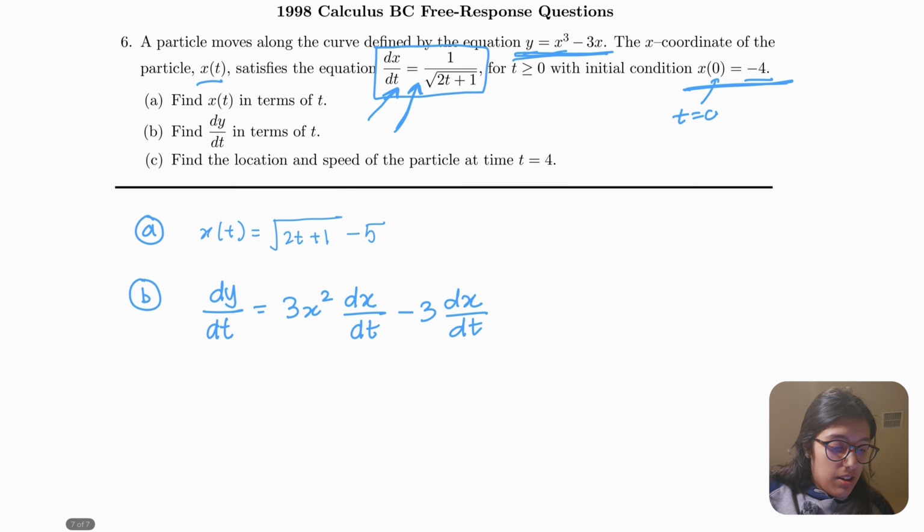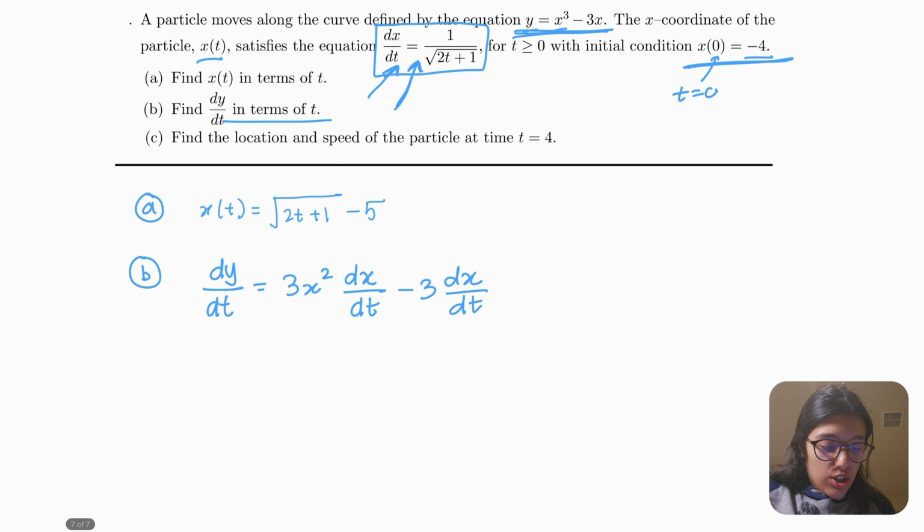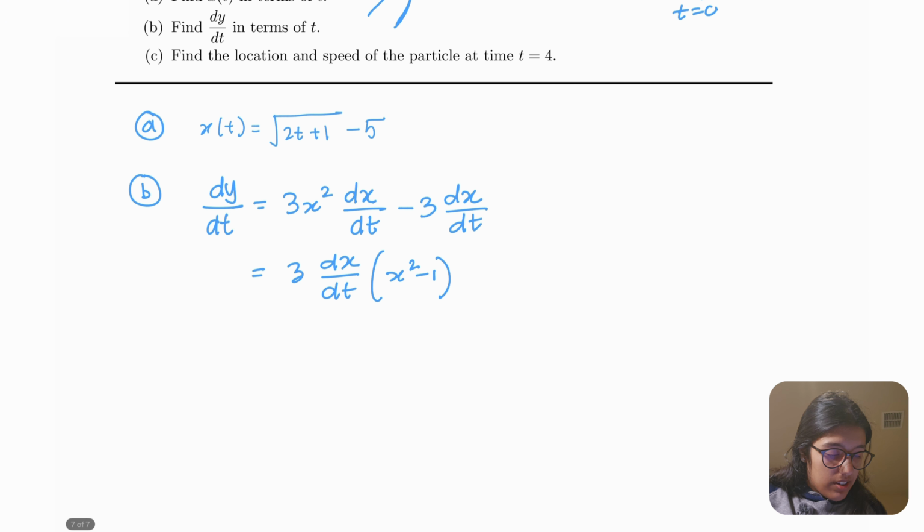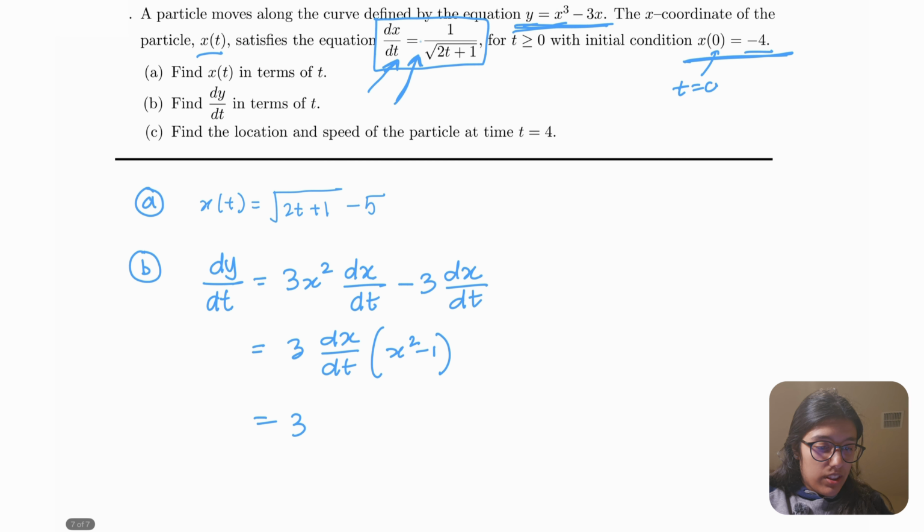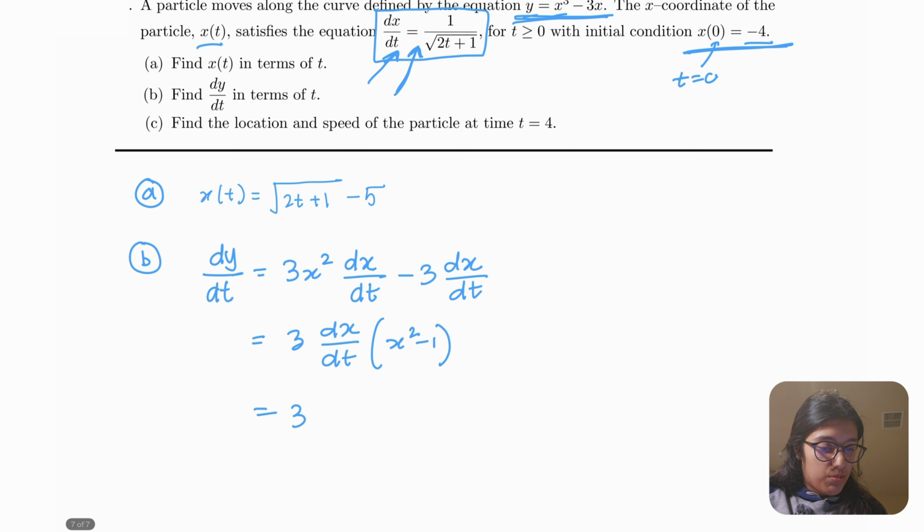All right, perfect. But now it says in terms of t, but we have an x, we have dx dt. Let's try to simplify that. So I am going to take 3 dx dt outside of both terms. So 3 dx dt, we're left with x squared minus 1 right over here, x squared minus 1, yep. And I'm going to replace dx dt with what they gave me in the problem right over here, which is pretty neat.